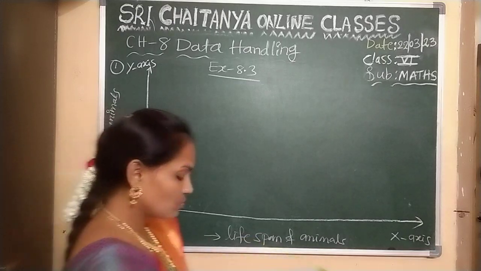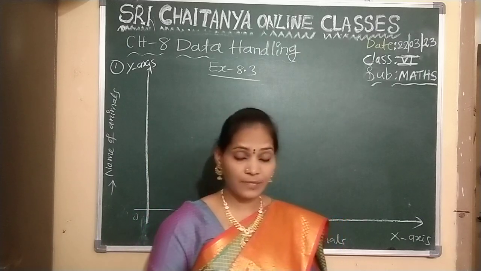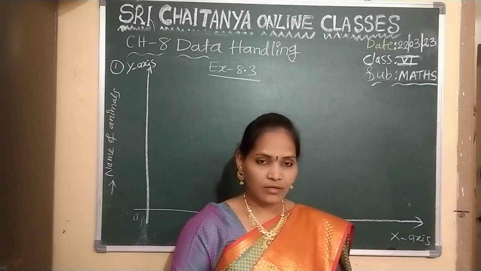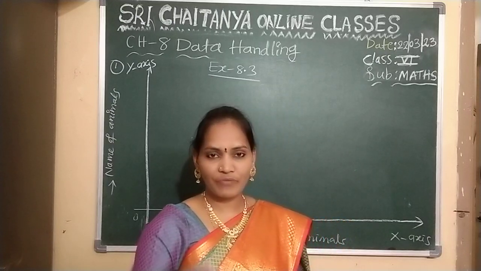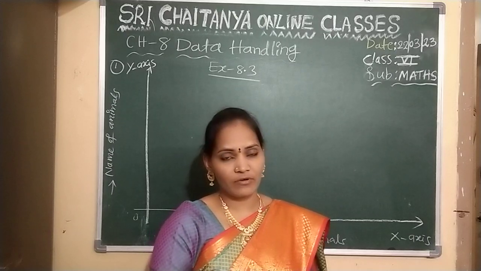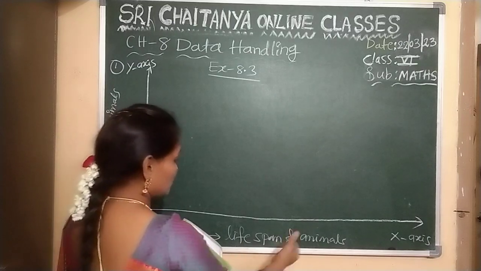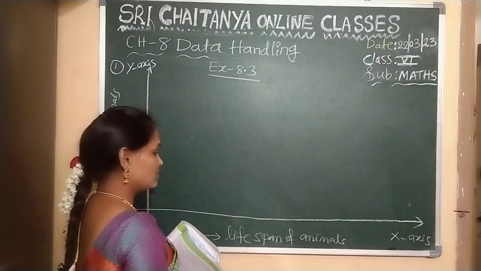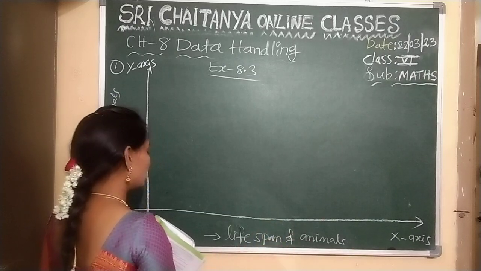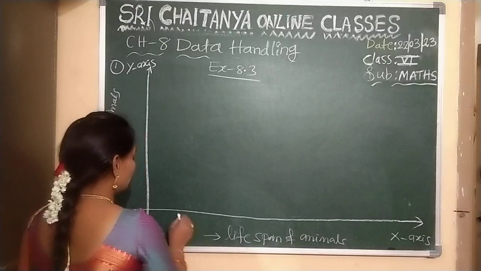See here, the maximum is 70 years, the lifespan of the elephant. So 70 is there. I am taking 10, 10. Actually in a graph sheet, if you take 5, 5 for a unit, it will look like a nice bar graph. Here I do not have that much space to take 5, 5 difference, so I am taking only 10.